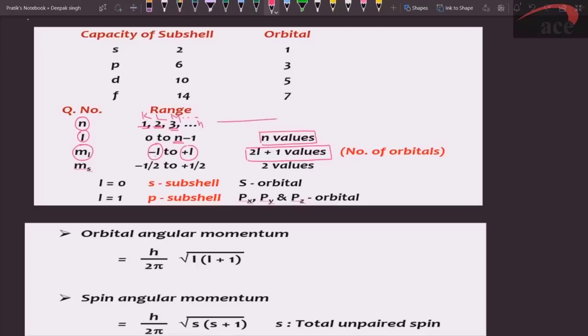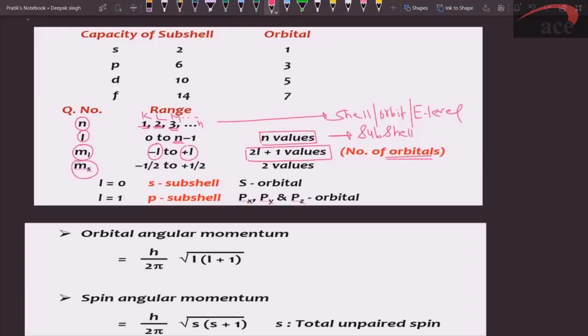The principal quantum number indicates the shell, or you can say orbit, or energy levels. The azimuthal quantum number talks about the type of subshell, and the magnetic quantum number talks about the number of orbitals.